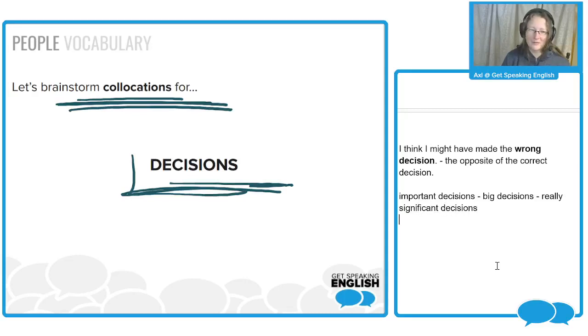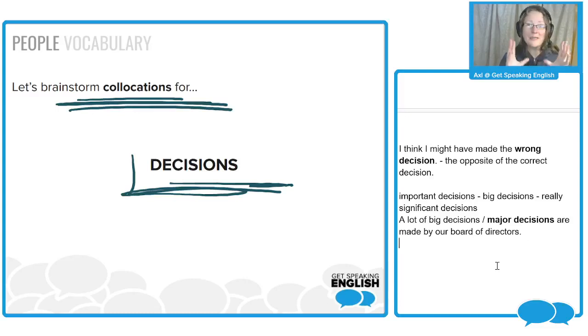So, for example, if you have an organization, a lot of big decisions or major decisions are made by our board of directors, right? So a lot of people come together and they will think about the really huge decisions about something.